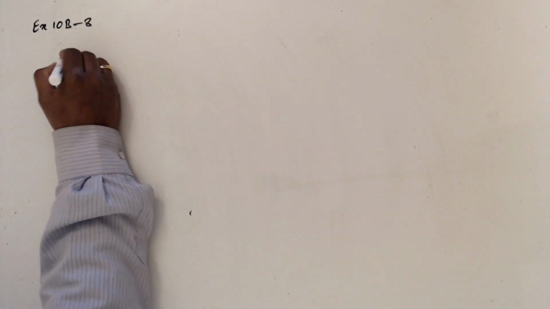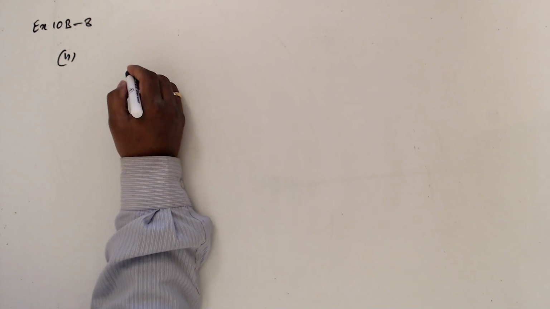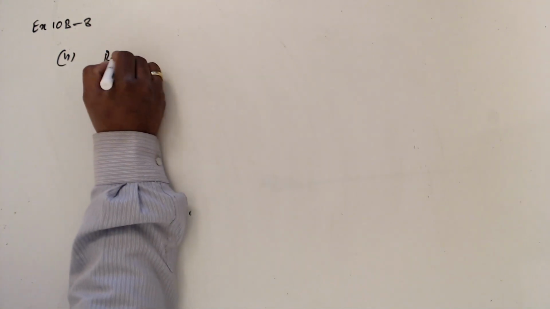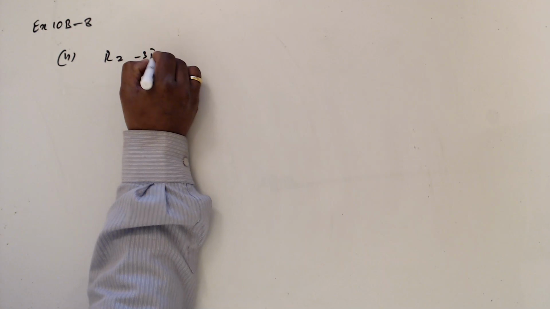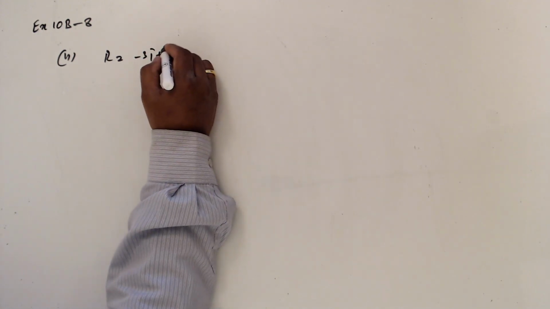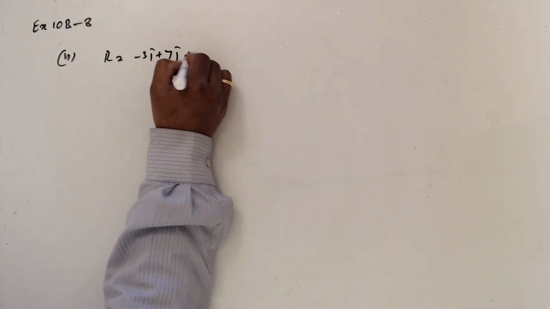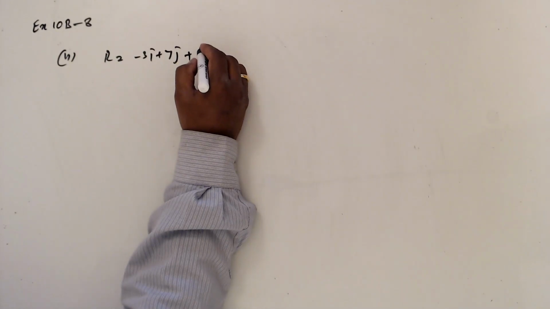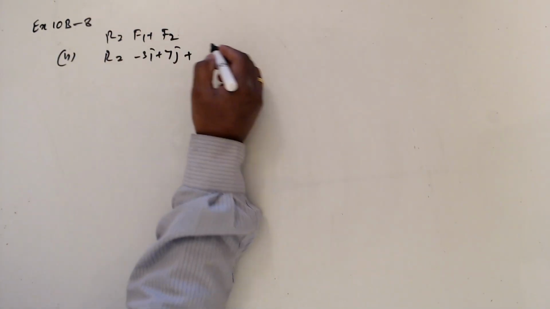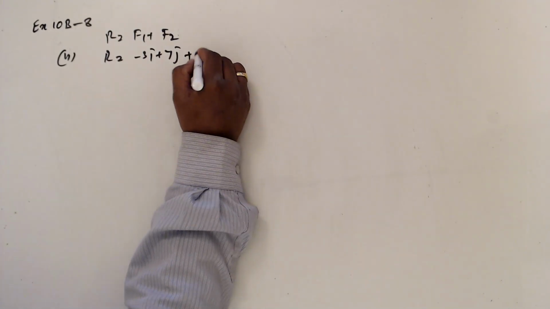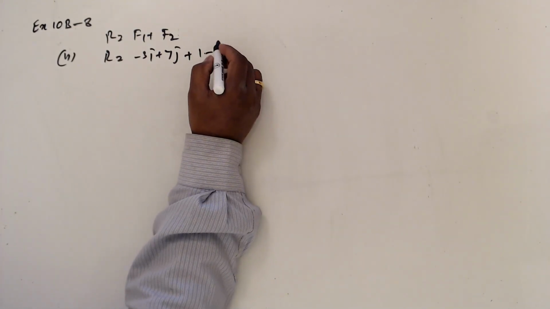Part B, the resultant force of F1 and F2 is R. Calculate the magnitude. So R equals F1 plus F2, minus 3i plus 7j plus i minus j.